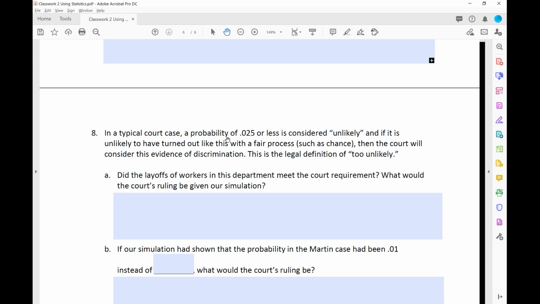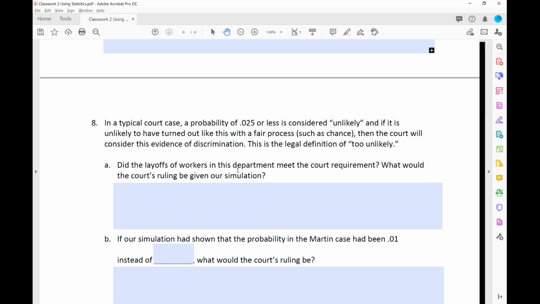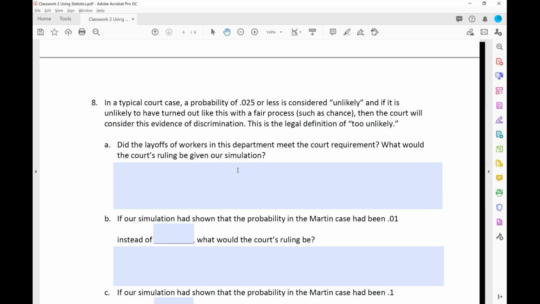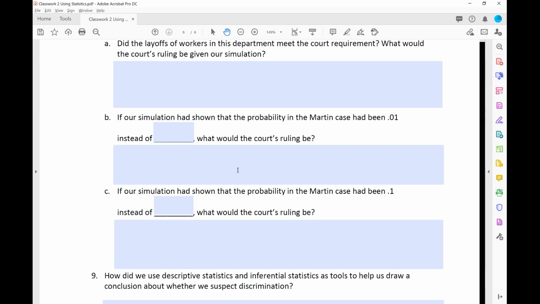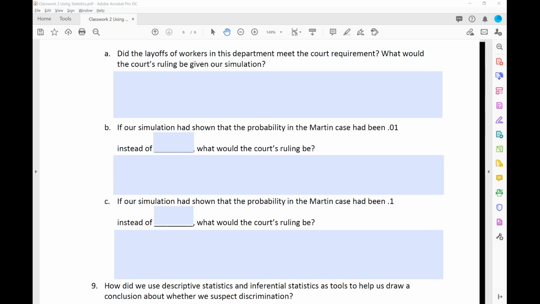So again, we want to consider this. Are we able to then consider our result as evidence of discrimination? We want to think about it against that 2.5% benchmark in this case. Okay, so 8A, did the layoffs of workers in this department meet the court requirement?